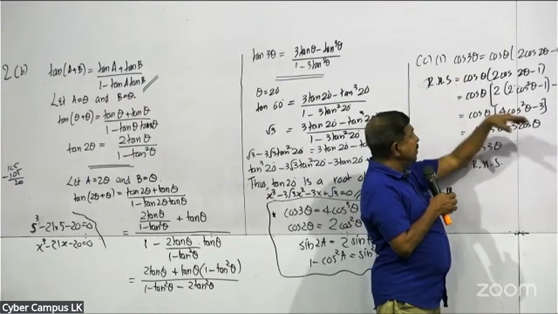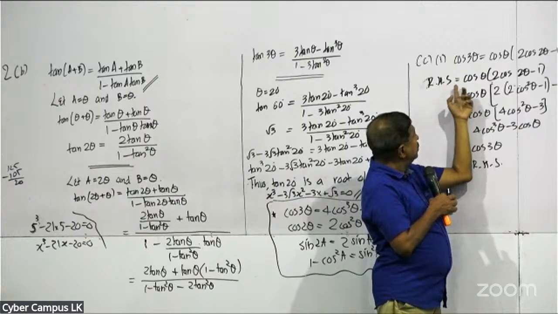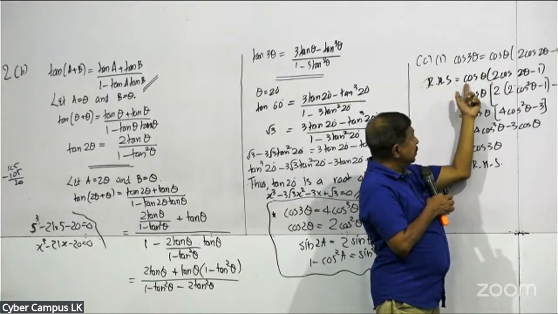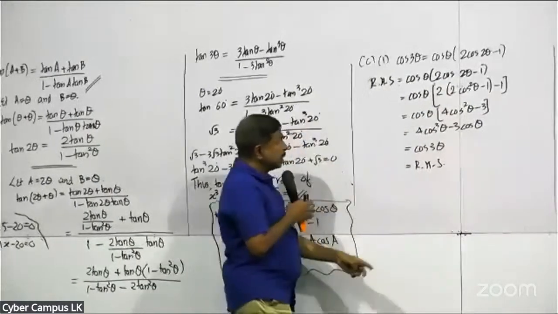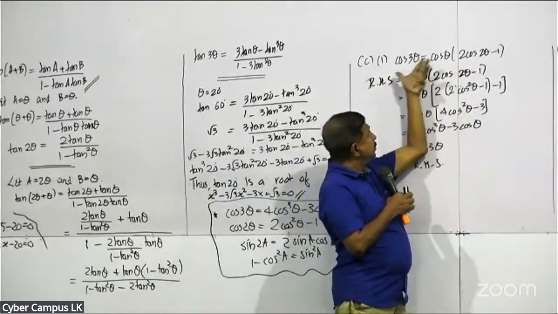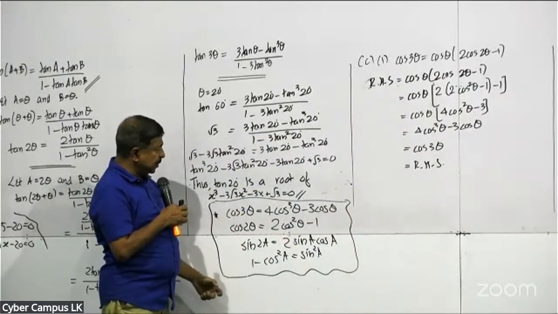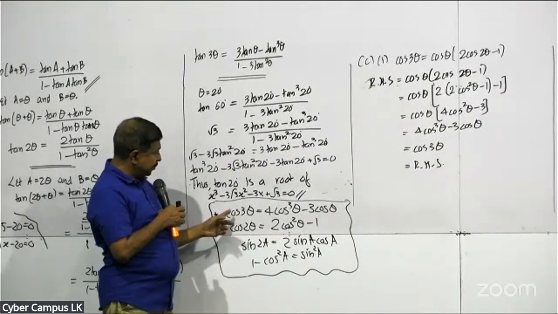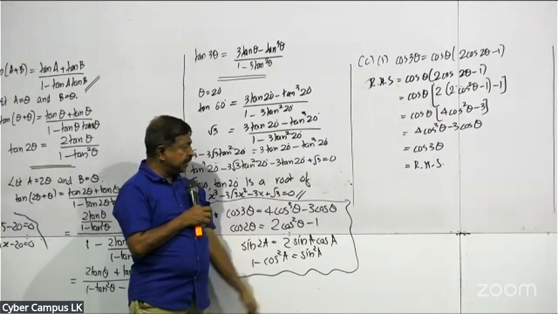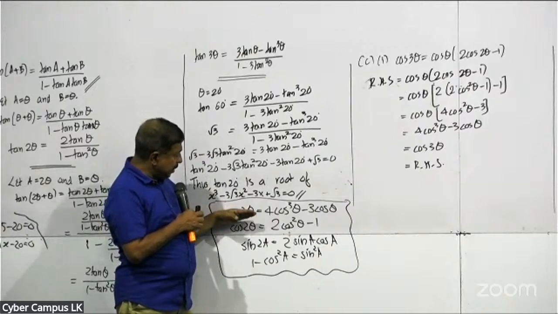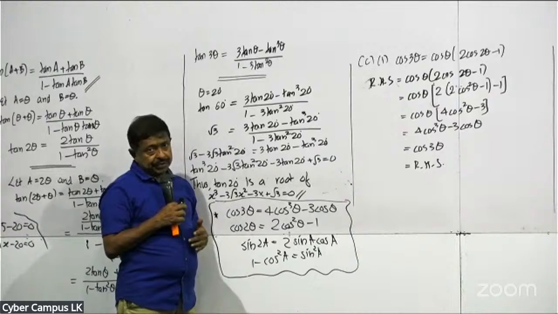You can do it in either way. If you want to start with the right-hand side, this is what you have. You have to replace cos 2 theta by this because you need everything in cos theta. These are the formulas we need to prove these results. Cosine 3 theta is 4 cos cube theta minus 3 cos theta, so you can express cosine 3 theta totally in terms of cos theta.